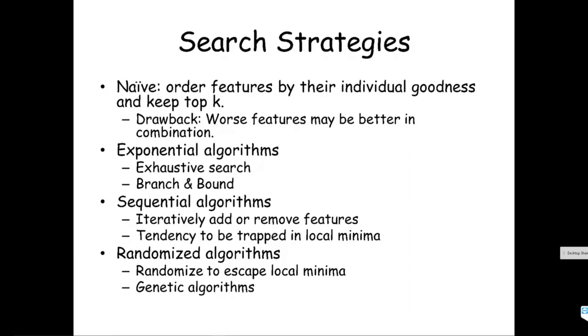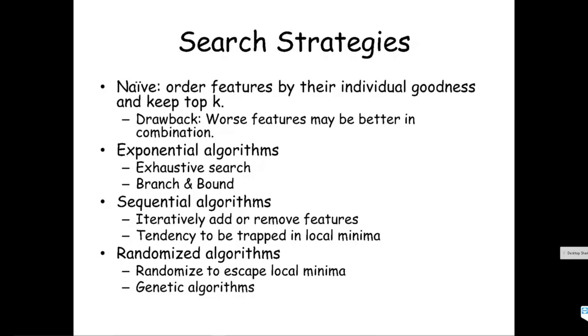So there may be a combination that we will not be able to discover when we do a sequential algorithm. Okay. So we make some committed decisions early on that may affect the outcome of our search, but we may not explore a combination that is more promising.